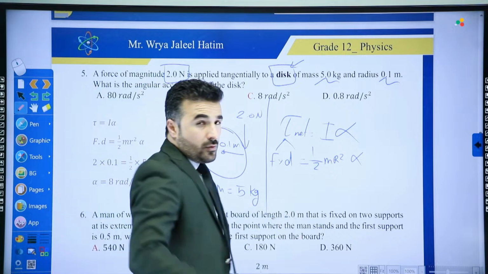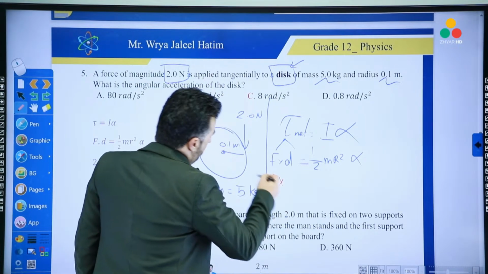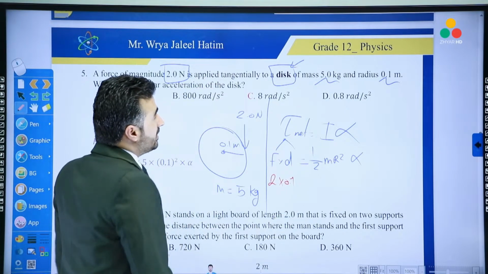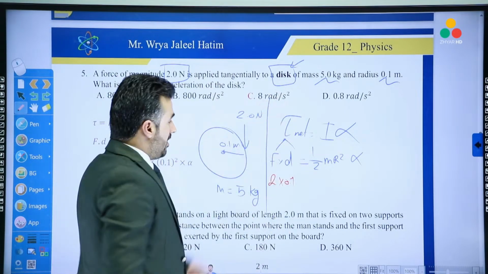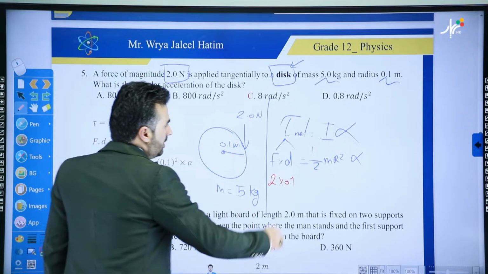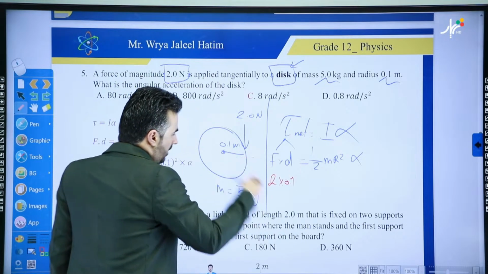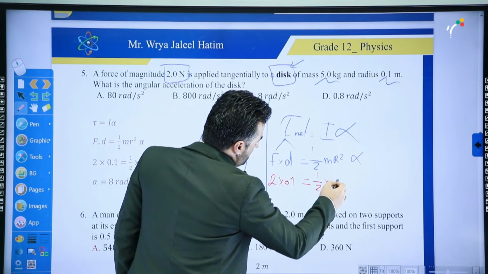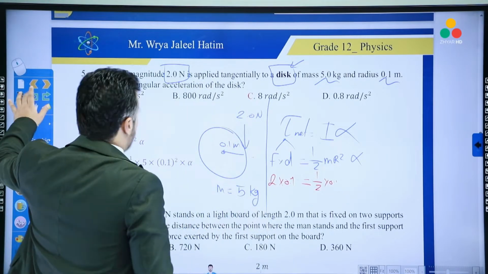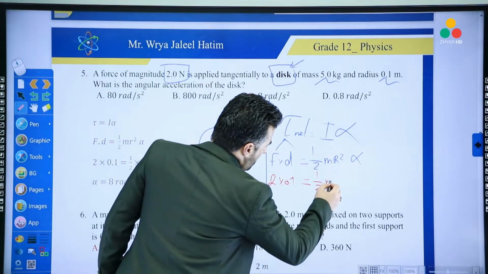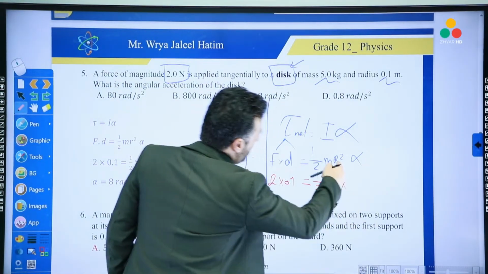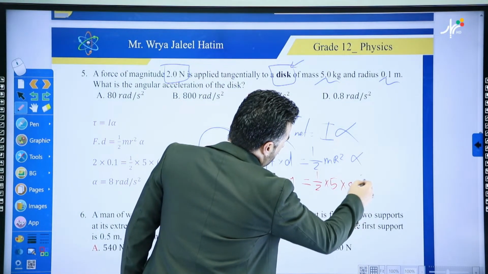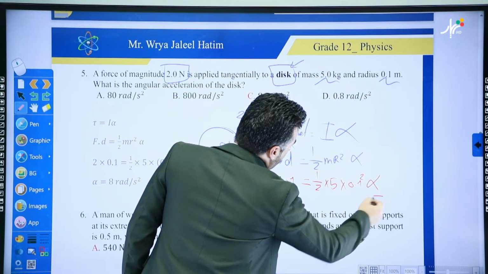So once again, the force is 2 Newton multiplied by the distance, which is 0.1 meter. Okay, this is the radius, by the way, my bad, not the diameter. Then equals 1 over 2 multiplied by the mass, which is 5 kilograms, multiplied by the radius squared, which is 0.1 squared, and then multiplied by the angular acceleration.